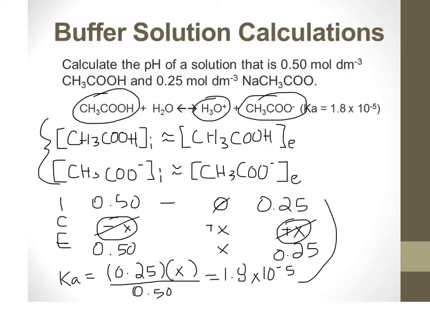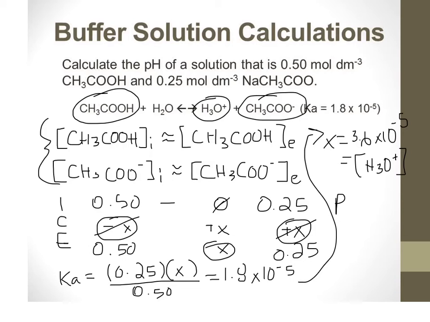If we solve for this, we would get an X of 3.6 times 10 to the minus 5. And remember, X is our hydronium ion concentration. To get pH then, we're going to take the negative log of our X value, and that would give us a pH of 4.44.